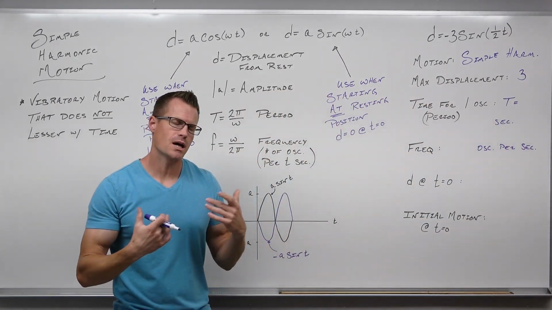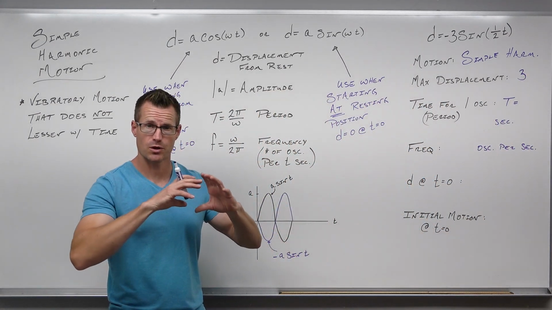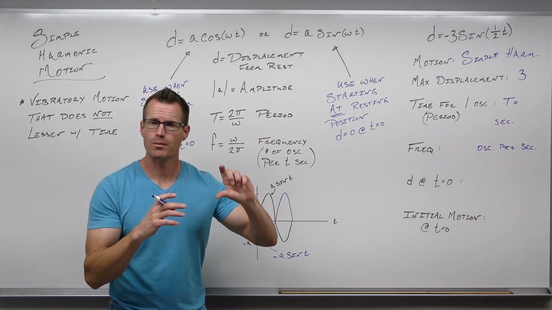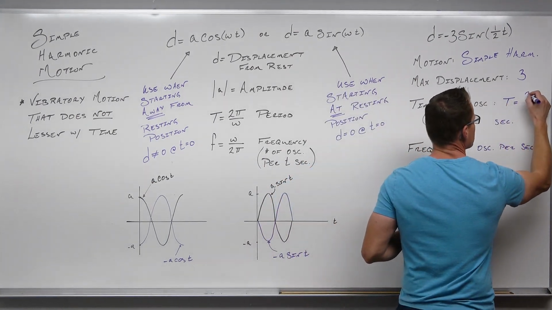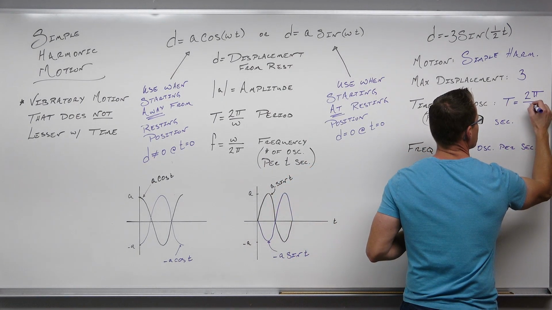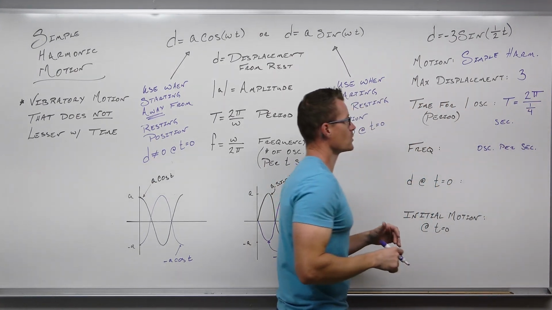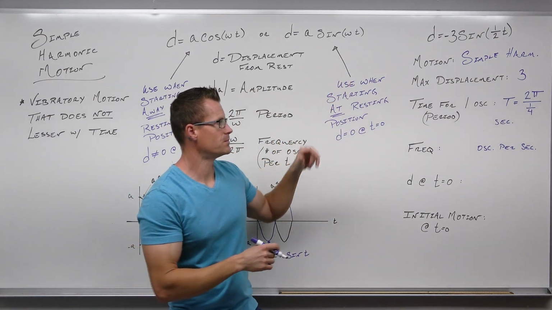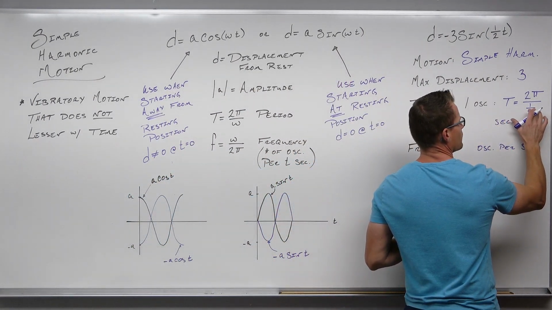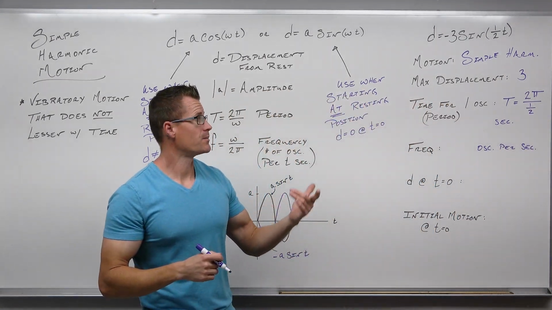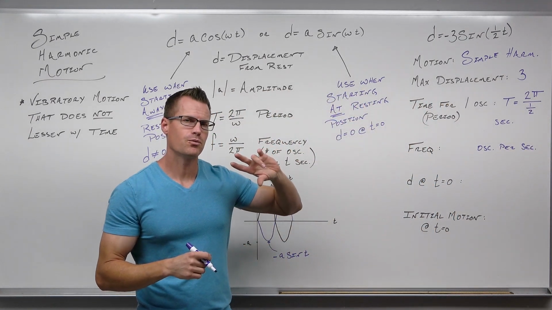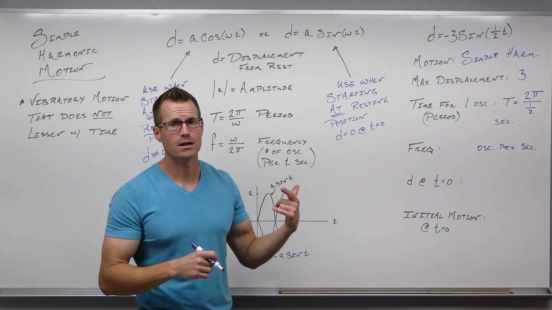Your period, or the time for one oscillation, is always the period of your function divided by omega, the number in front of your variable. So in our case, that's 2 pi divided by 1/2. If we multiply by the reciprocal, we end up getting 4 pi.